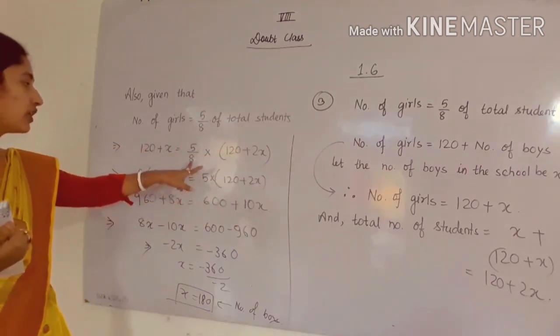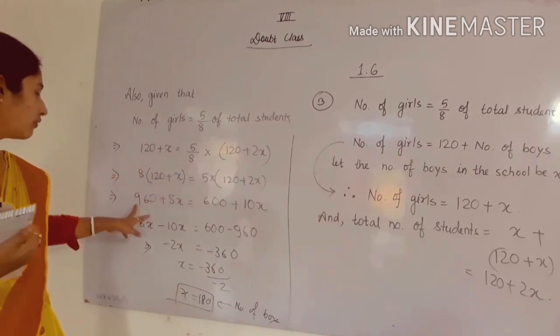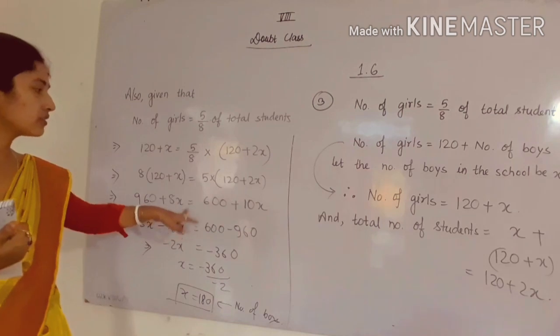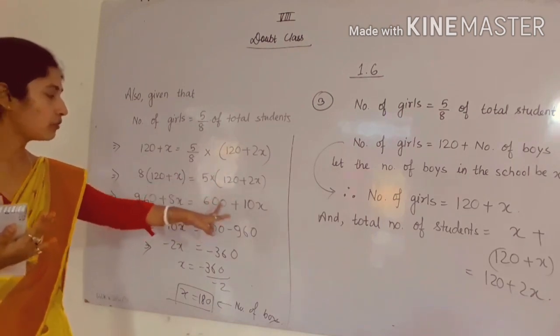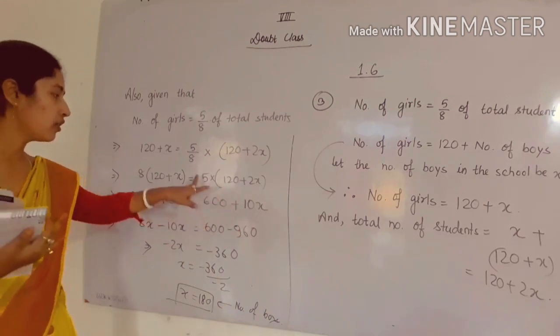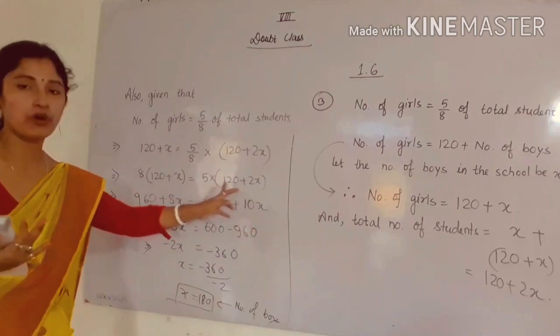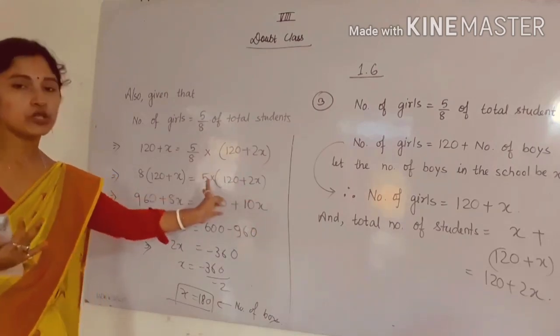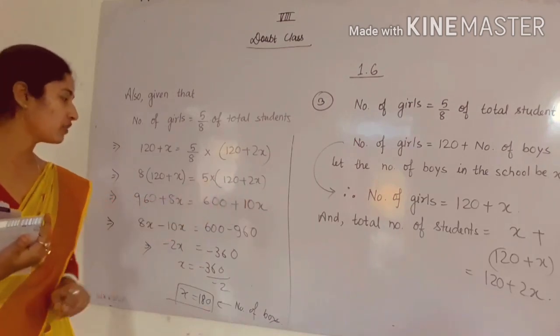So after transferring 8 to that side, it will be multiplied with the whole term. We will get 960 plus 8x, and in the right hand side part I got 600, because 5 into 120 will be 600, and 5 into 2x will be 10x. So here we are applying distributive property of multiplication over addition. Already you know, we have discussed in our previous class.